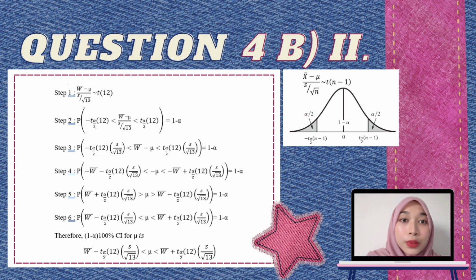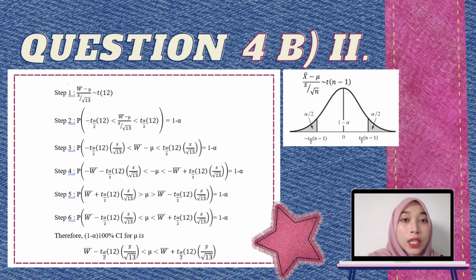For step 2, I set the probability condition: the probability that the T score falls between negative T alpha over 2 and T alpha over 2 with 12 degrees of freedom equals 1 minus alpha.